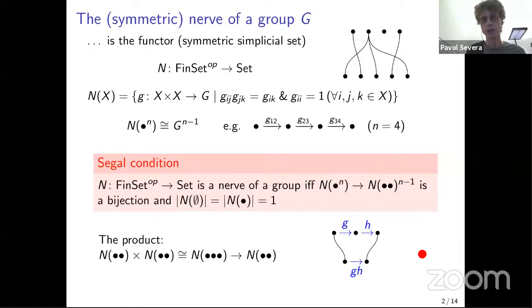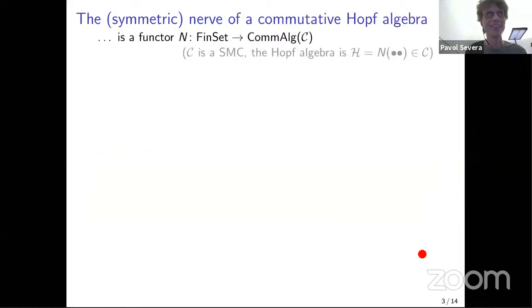So let me actually show you when it's written down. Now this nerve of a commutative Hopf algebra is a functor going from finite sets to commutative algebras in whatever is our underlying symmetric monoidal category. The Hopf algebra itself will then be N of 2 dots.